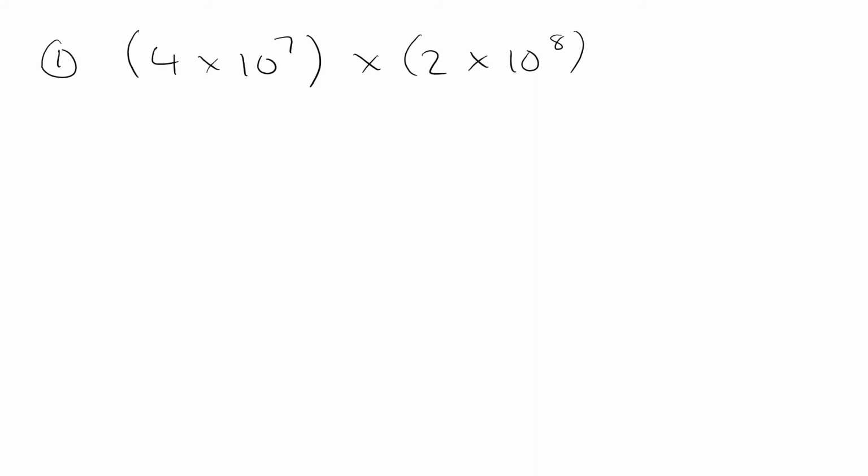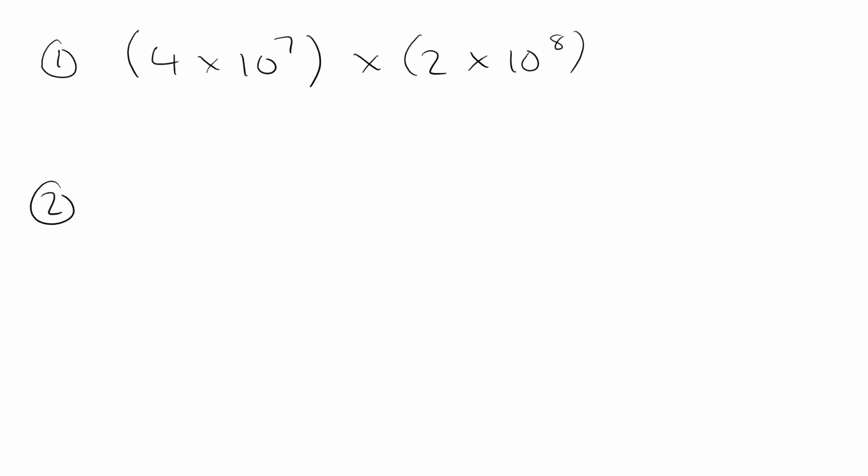So, some questions for you to do. First of all, I'd like you to do 4 times 10 to the power 7 times 2 times 10 to the power 8. That's question 1.